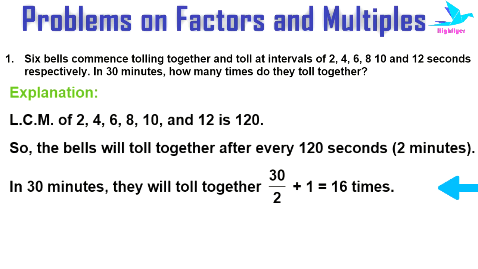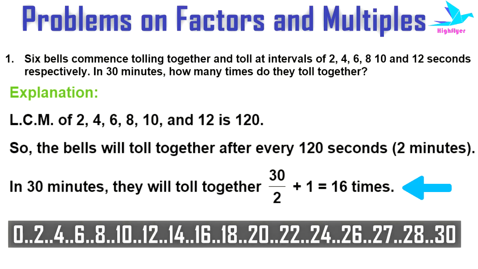So in 30 minutes they will toll together 30 divided by 2 plus 1 times, that is equal to 16 times. मतलब पहले 0 मिनट में जब टाइमर शुरू होगा, फिर 2 मिनट बाद, फिर 4 मिनट बाद, फिर 6 मिनट बाद and so on, फिर 30 मिनट तक ये हर 2-2 मिनट के बाद एक साथ toll करेंगे and the result and count is 16 times.